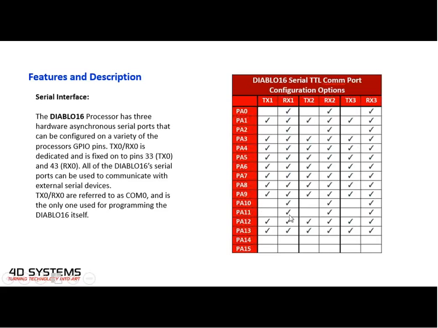Of course, not all the pins are capable of being configured that way. However, most of the GPIO pins can. So it gives an ease of use, especially if you are routing it on a board. So you can interchange pins, whatever is convenient for your PCB or for your end application.